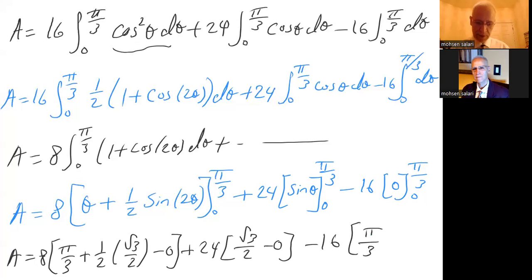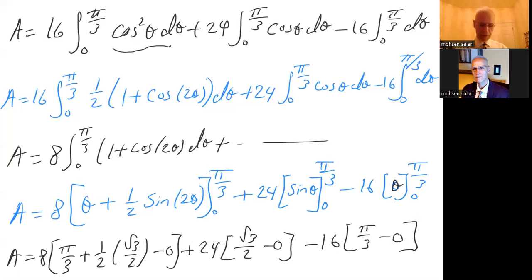And by the way, this was theta, not 0. This is pi over 3 minus 0. Sorry about that. 16 times pi over 3 minus 0. Okay.